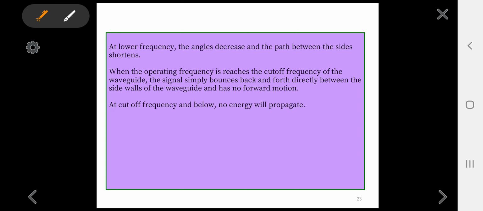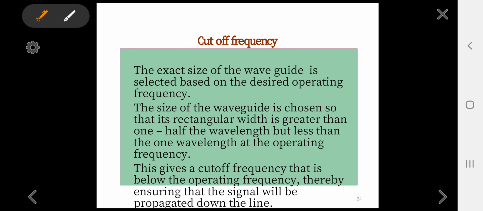When the operating frequency reaches the cutoff frequency, the signal simply bounces back and forth directly between the side walls of the waveguide and has no forward motion. So at cutoff frequency and below, no energy will propagate at all. You must remember this.